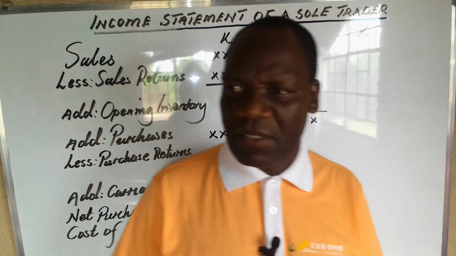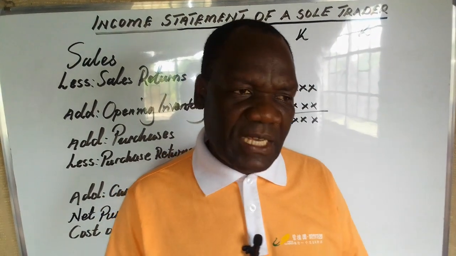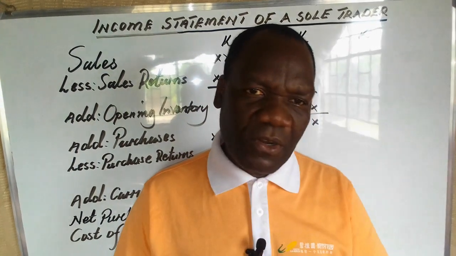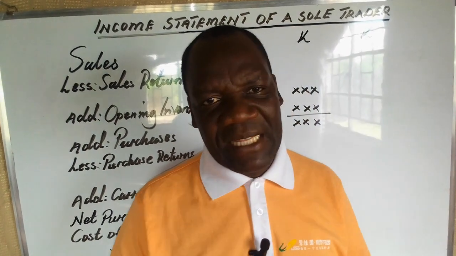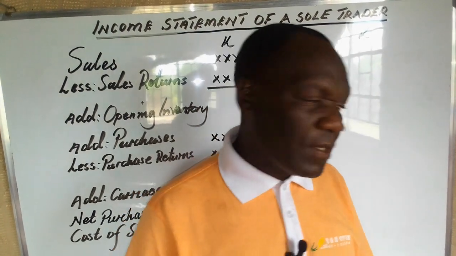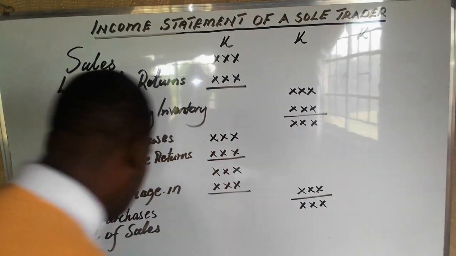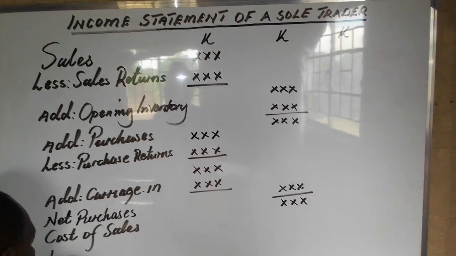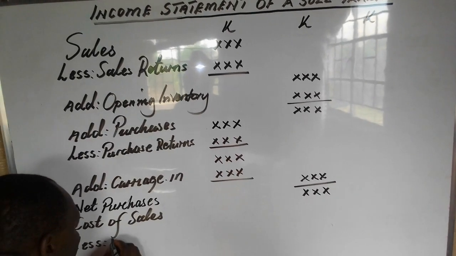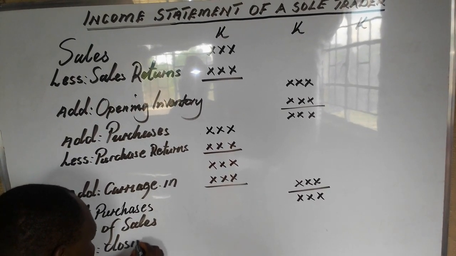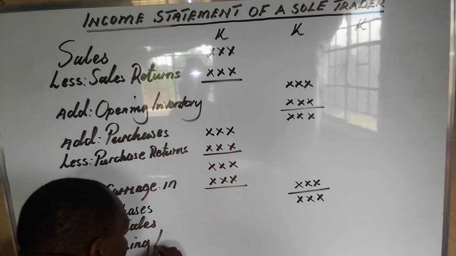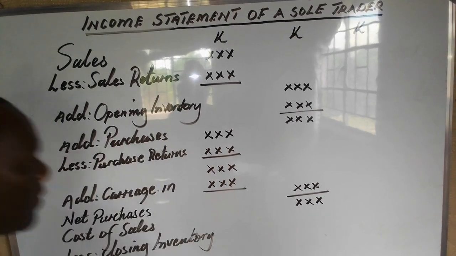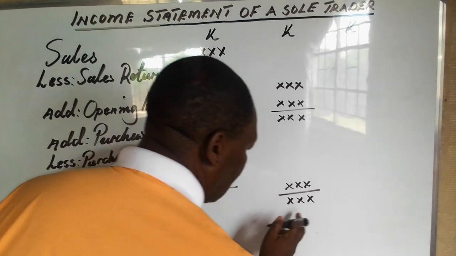So to cost of sales, if you have the closing inventory, when the accounting period came to an end, you have to lessen the closing inventory. Okay, so we are going to say less closing inventory. So we are lessening the closing inventory from here.